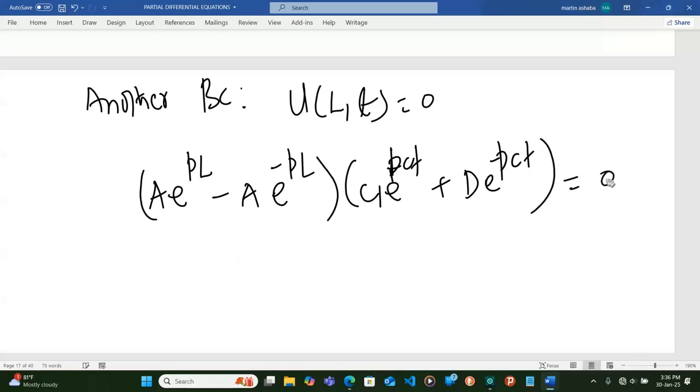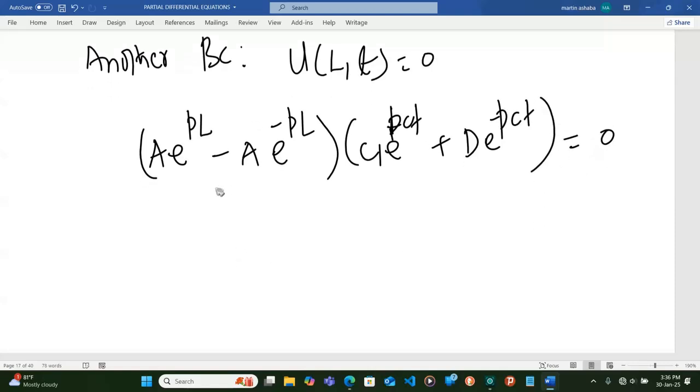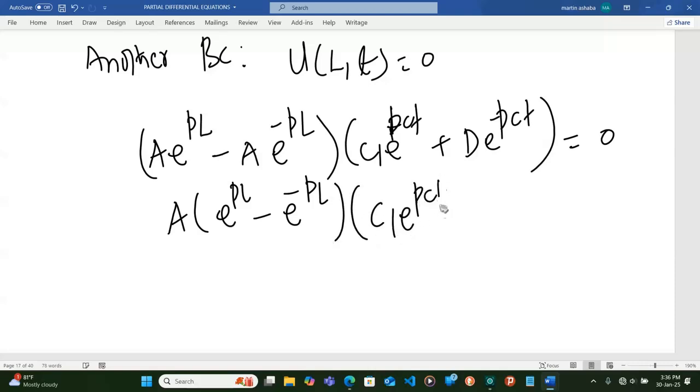If this is equal to 0, remember we have A into exponential of pL minus exponential of negative pL, then times c1 exponential of pct plus d exponential of negative pct.